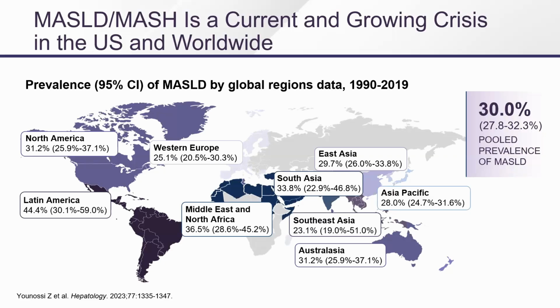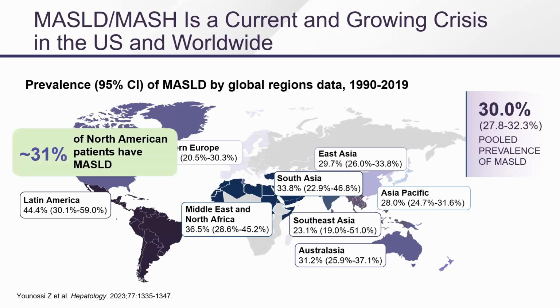In the United States, the prevalence of MASLD is around 32%. In Latin America, this is the highest prevalence of MASLD in the world, up to 44%. And this is certainly relevant to many of us practicing in California, and very relevant to me practicing in the Central Valley with a very large Hispanic population. So that is something to keep in mind.